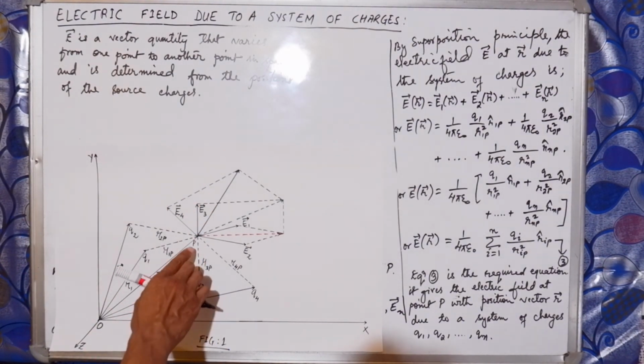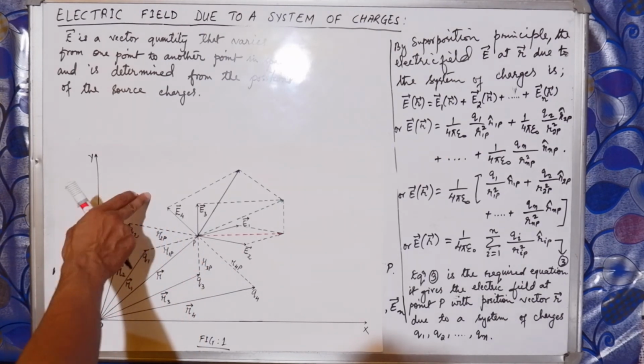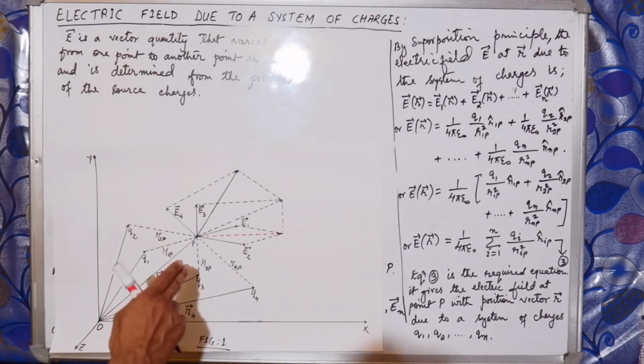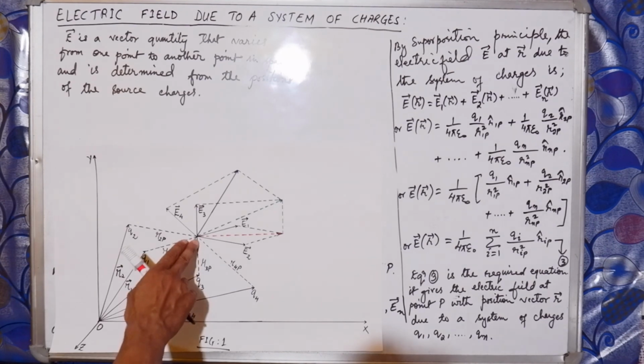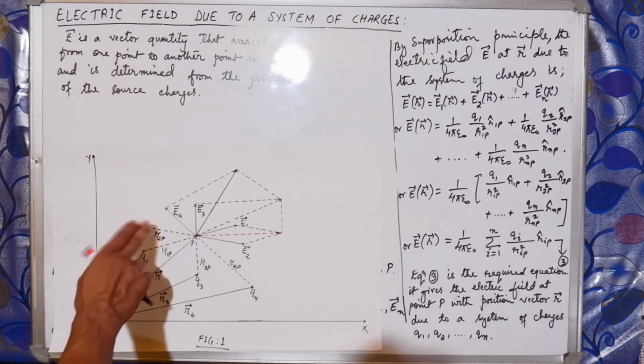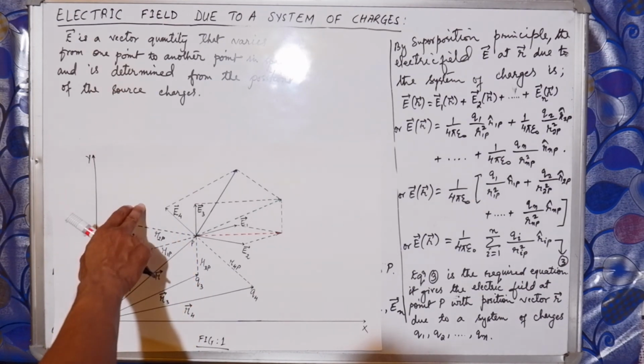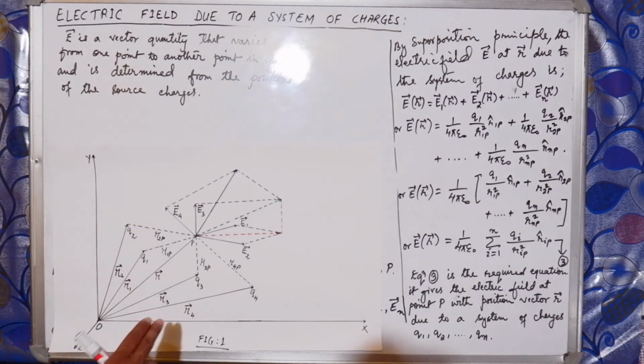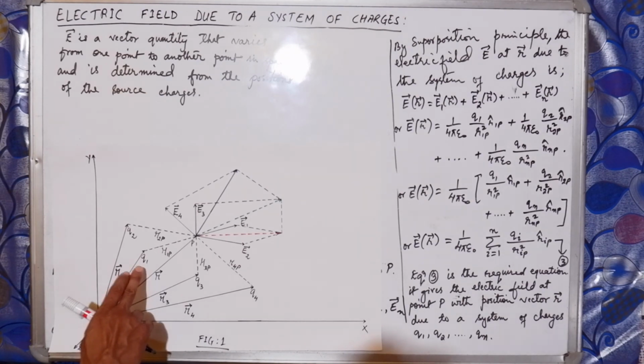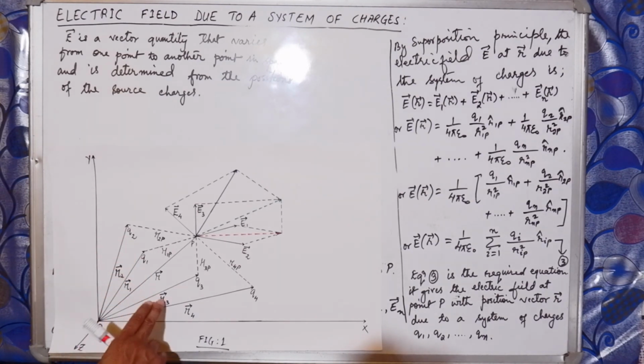So for example, if we consider point P and another point Q somewhere here, E will not be the same at point P and point Q. They will be different at point P and point Q. It is also determined from the positions of the source charges like Q1, Q2, Q3, and so on.